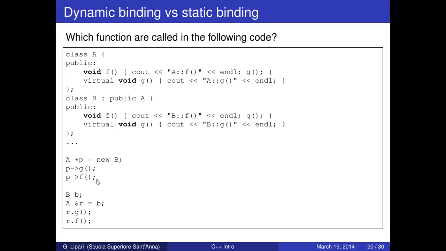Okay. Now P->F, what does this print on the screen? First of all, which F is going to be called? The first one. So AF is printed on the screen. Then G is called. Which G is called? First or second?